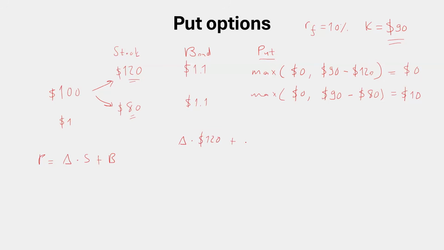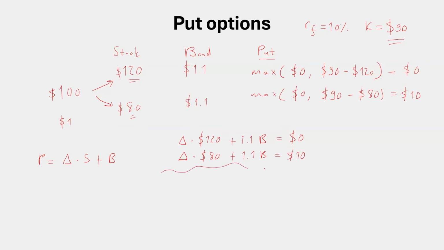The bond will give me 1.1 times the amount I invest in it, so B. This will now be equal to 0. In the scenario where the stock price goes down, the value of the stock component will go down as well, the bond component will be exactly the same, and I will set this equal to the put option payoff, which is again $10.